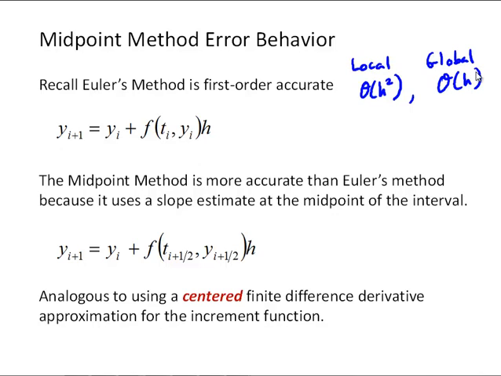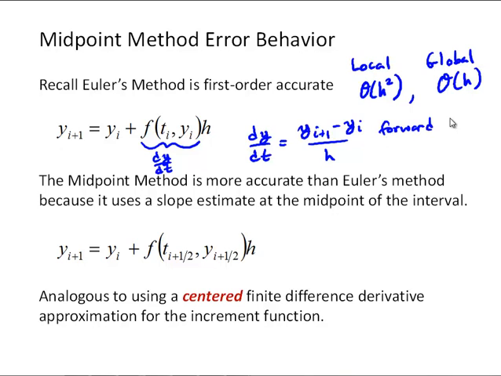If we look at Euler's method algorithm, we can see, if you recall, that this is dy dt. If we solve for dy dt, we get something that looks like yi plus 1 minus yi over h. And recall that looks like a forward finite difference calculation, and those were also order h.